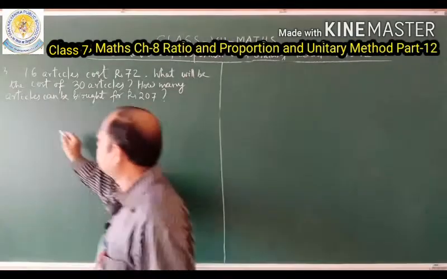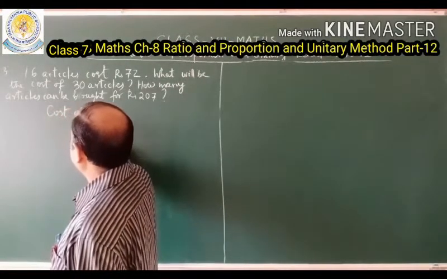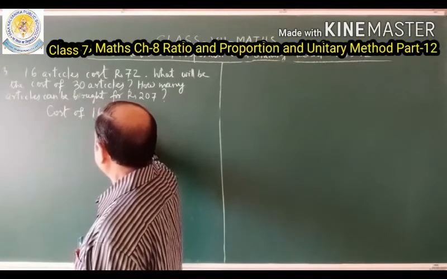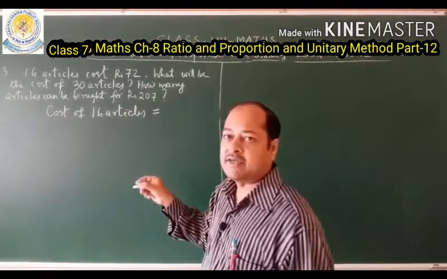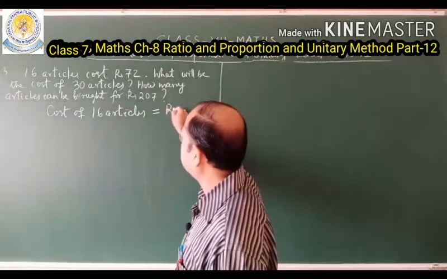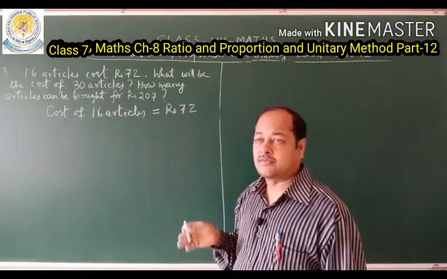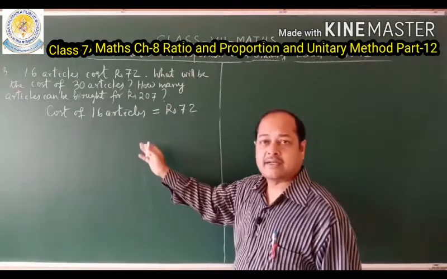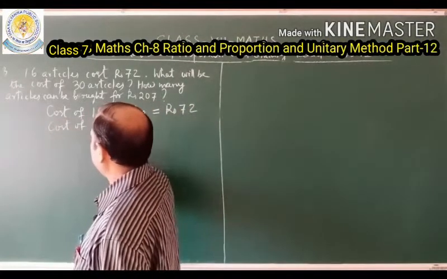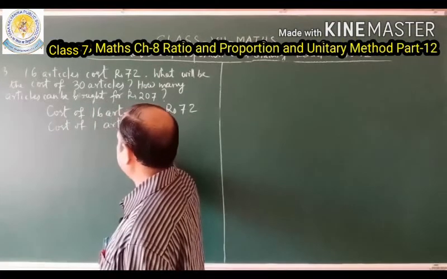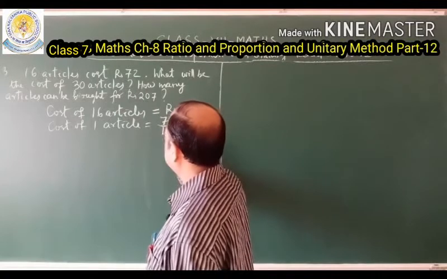Write down: cost of 16 articles equal to 72 rupees. According to the unitary method you have to find the cost of one article. Cost of one article equal to 72 by 16 rupees.